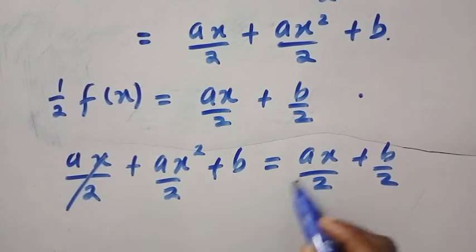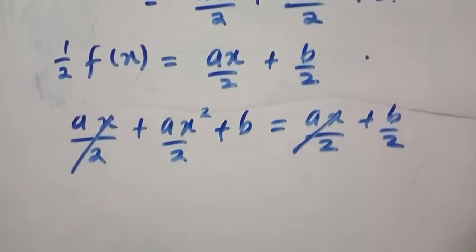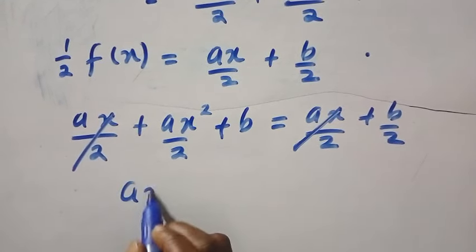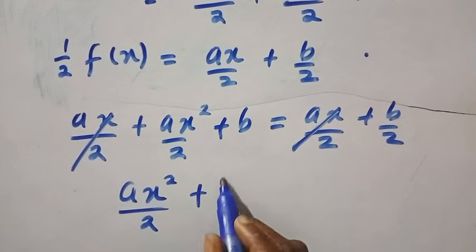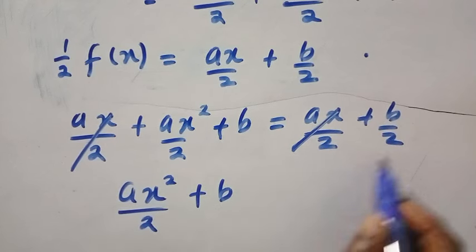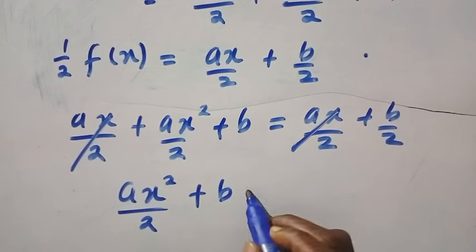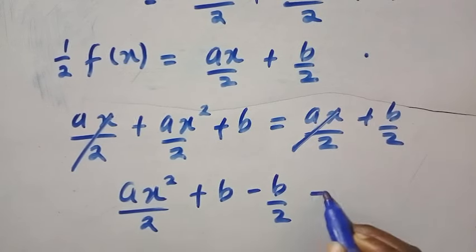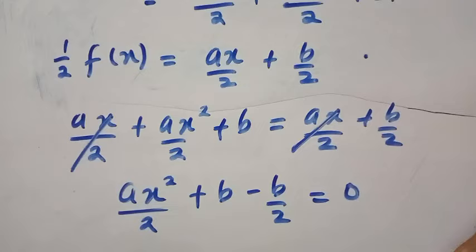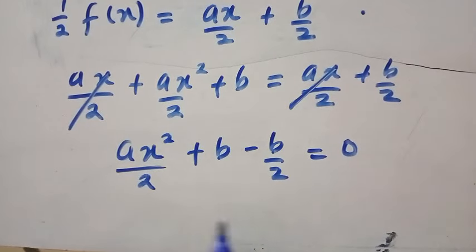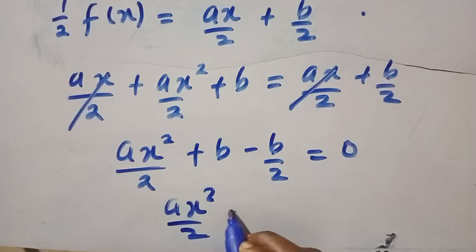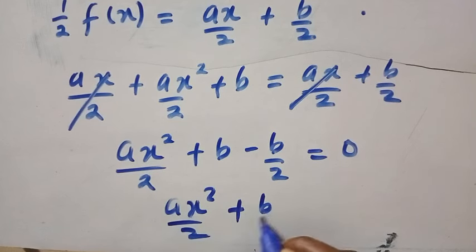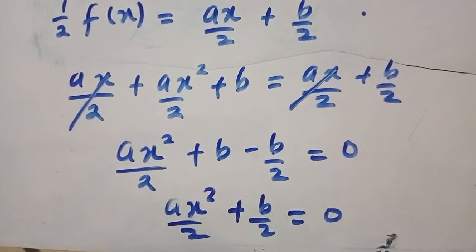Cancelling ax over 2, we have ax squared divided by 2 plus b minus b over 2 equals 0. By this, we have ax squared over 2 plus b over 2 equals 0.